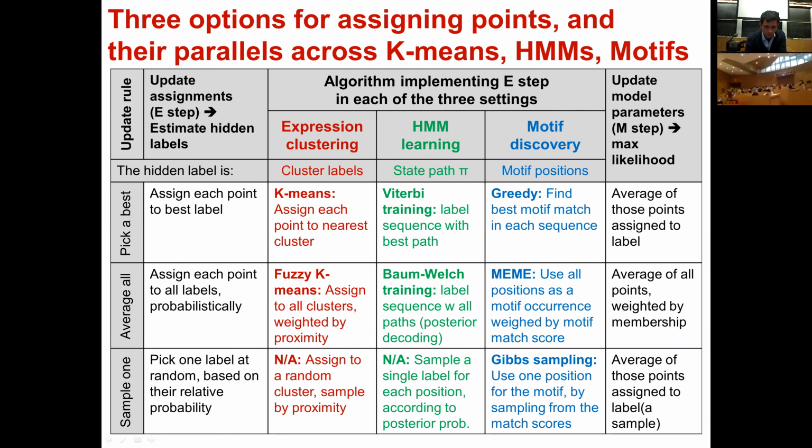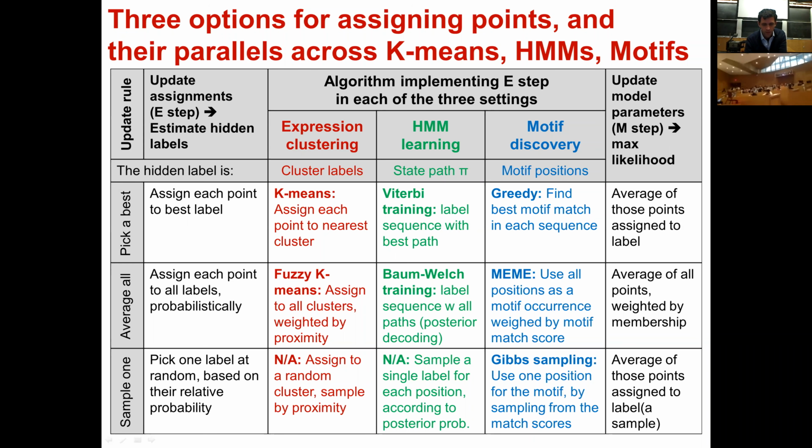So with K-means, we assigned every point to the nearest cluster. And that was simply picking the best. And in the HMM space, the equivalent was basically Viterbi training, where we were labeling the sequence with the best path. Okay? With expression clustering, we had hidden labels, which were the cluster assignments, and also the properties of those clusters.